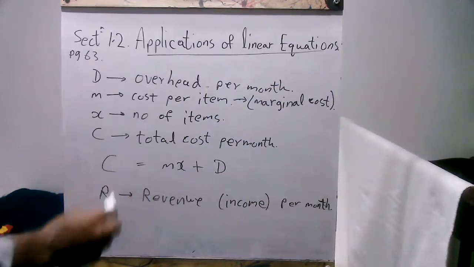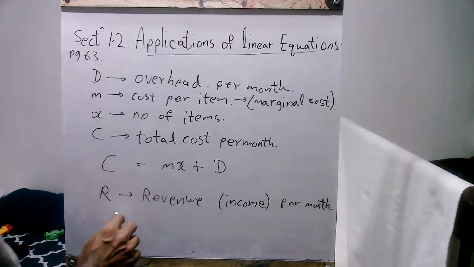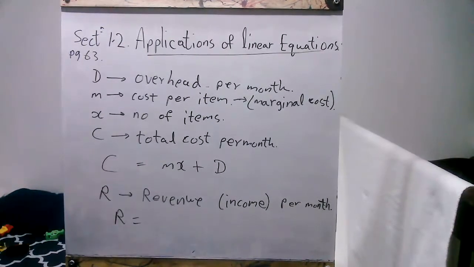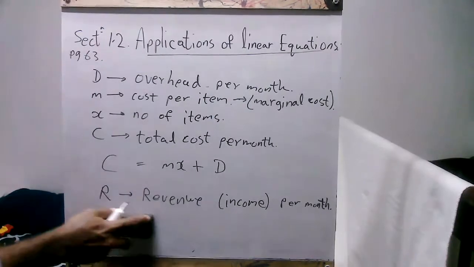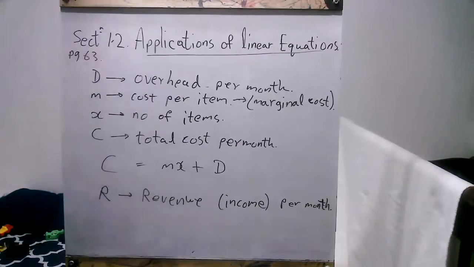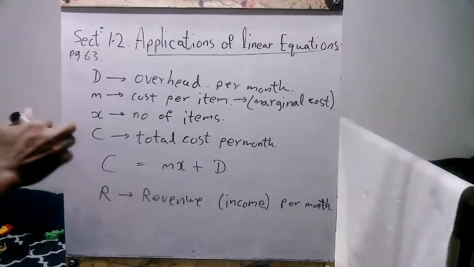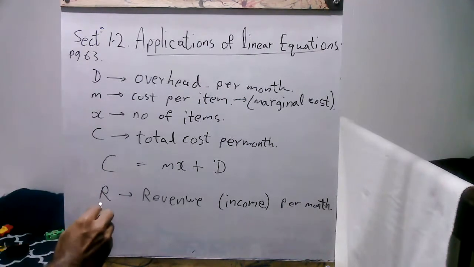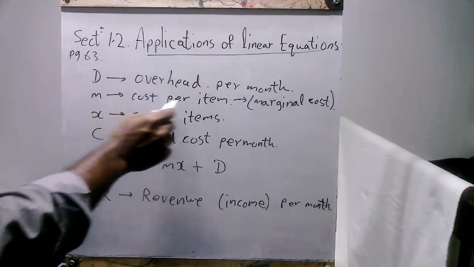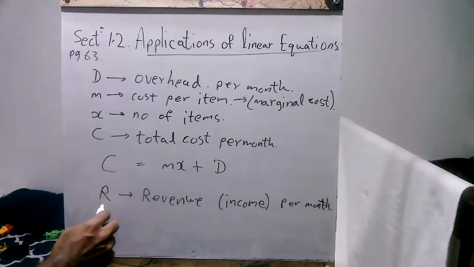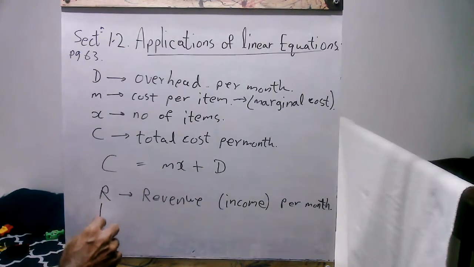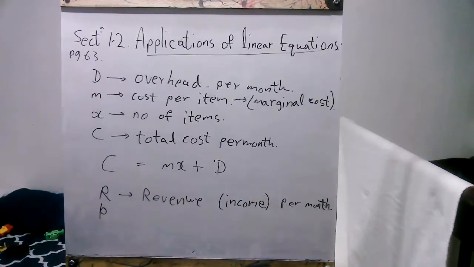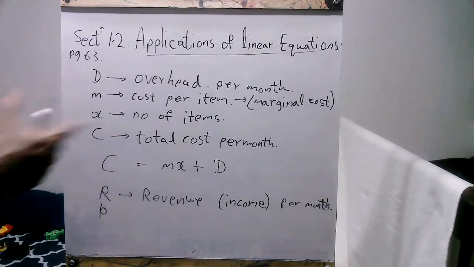Now revenue means how we get the income by selling these items. For that we have to decide a price, right? It is not cost per item, it is a different price. We have to decide. It has to be definitely more than cost per item, otherwise you don't make money. In fact, you lose money if the price is less than or equal to the cost of producing that particular item.